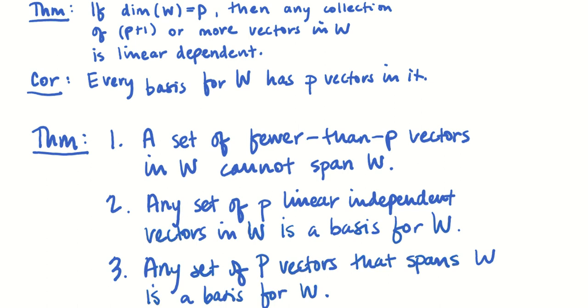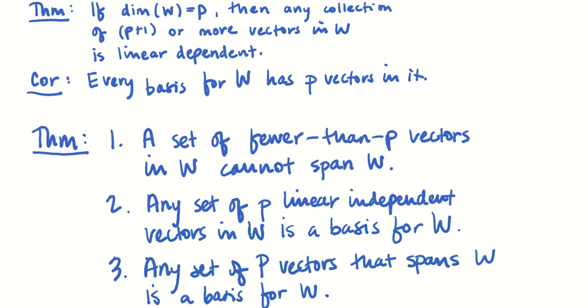And a corollary to that theorem is that every basis for a given subspace W has p vectors in it. So there's only one dimension for a given subspace. It's a different way of saying that. And then the next one, I think, is pretty self-evident: if the dimension of W is p, then any set of fewer than p vectors can't span all of W, right?